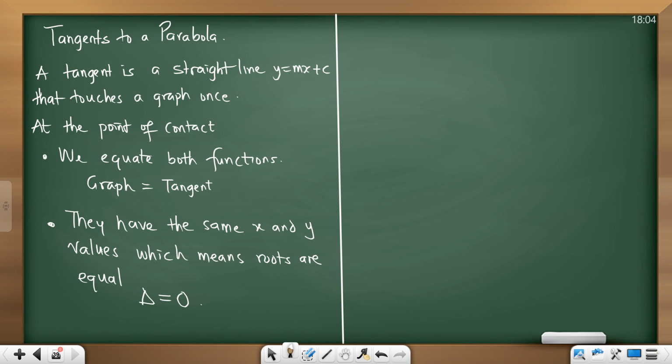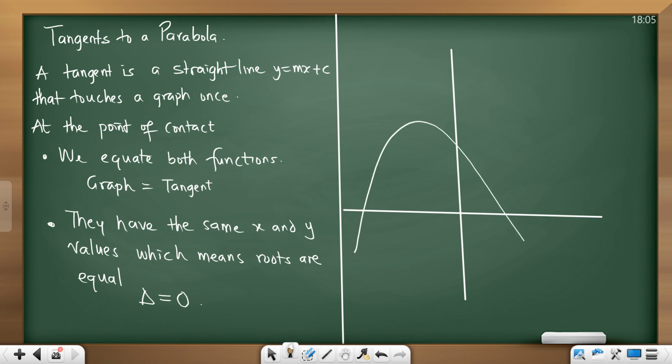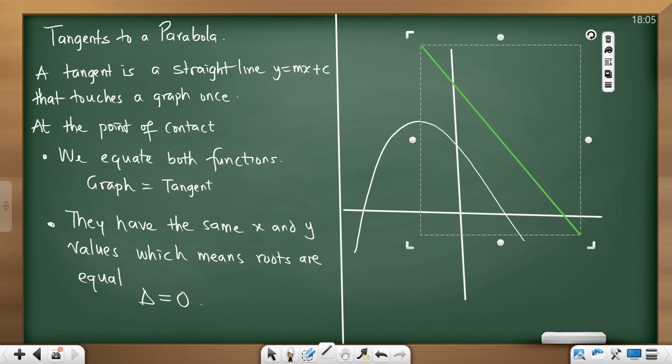Okay guys, let's look at this graph. Let me do it here. Let's explain here. And I like this being a smart board, I can move. So we have a graph that looks like that, and we have a line, let me use a yellow line, that looks like that. We want this line to be translated.